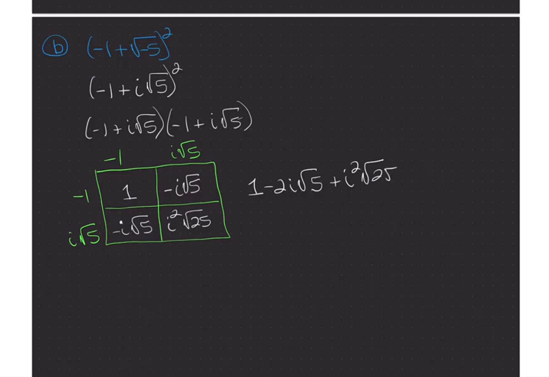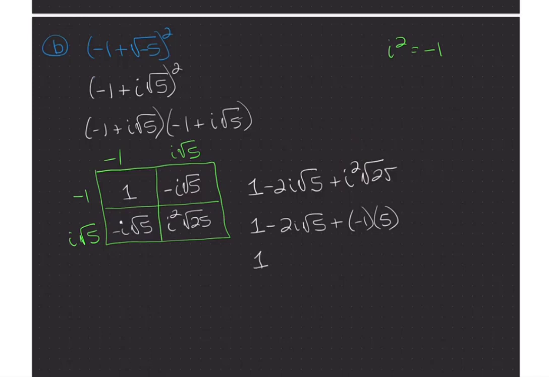So now we recall the fact that we know that i squared always equals -1. Right? So we can keep going and simplifying this problem. So we got 1 minus 2i square root of 5 plus i squared, which we know is -1, and the square root of 25 we know is 5.